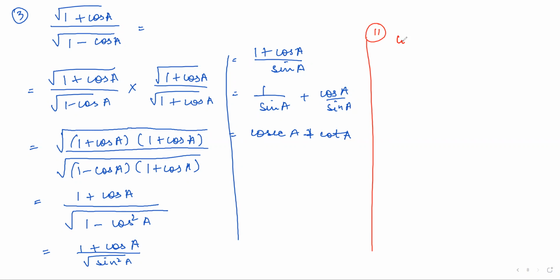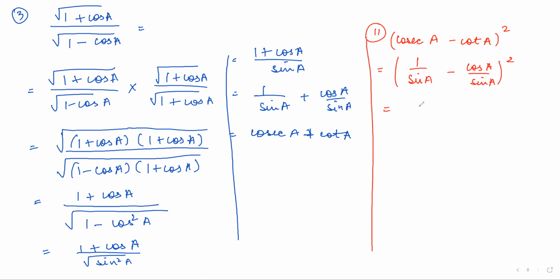11th question is (cosec A minus cot A) whole square, right? And you have to show it equals 1 minus cos A upon 1 plus cos A. So just simplify it: 1 upon sine A minus cos A divided by sine A, whole square, right?